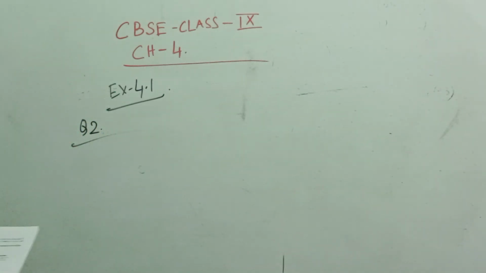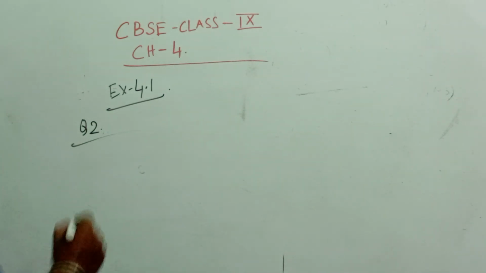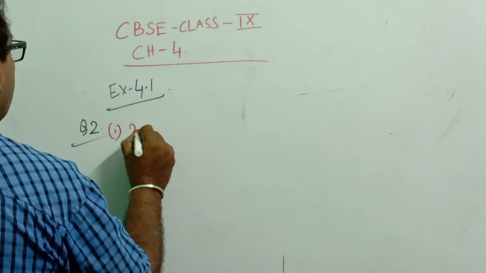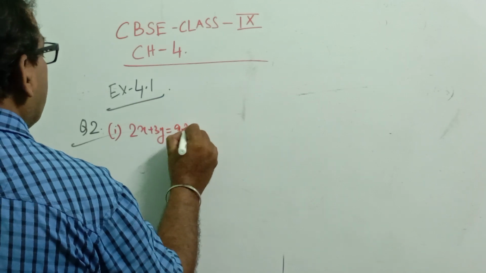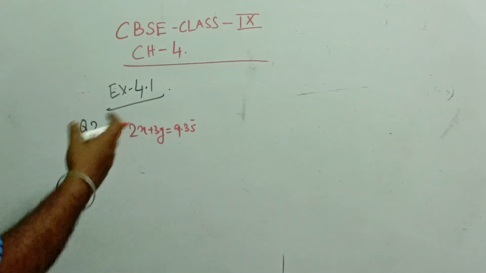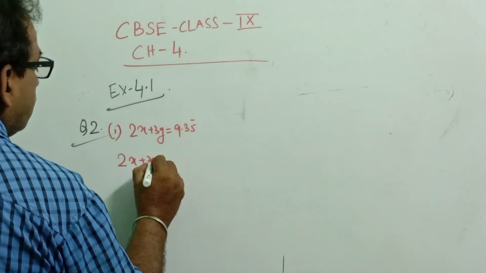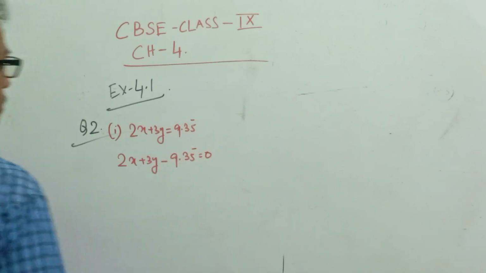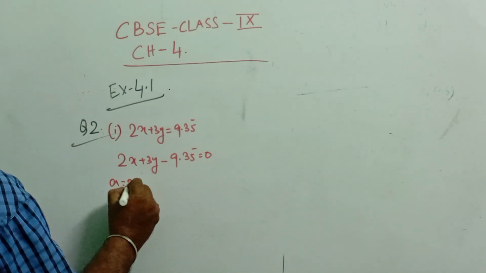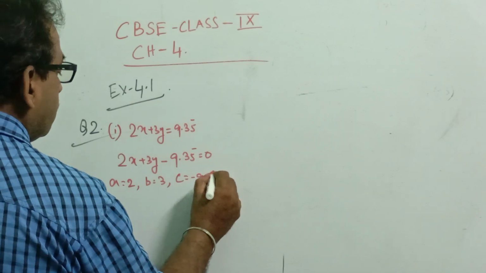Express the following linear equations in the form of ax plus by plus c and indicate the values of these. Now first question, 2x plus 3y is equal to 9.35. So how do we write that? 2x plus 3y minus 9.35 is equal to 0. Now a is equal to 2, b is equal to 3, c is equal to minus 9.35.